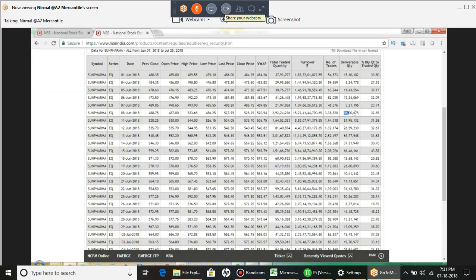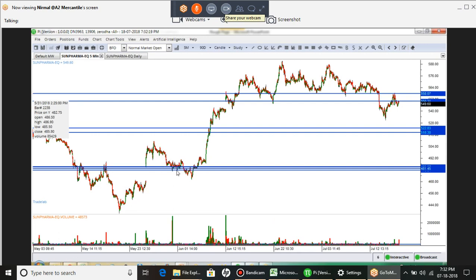Okay, so point number one is the volume will first tell you what is going to happen. Volume will be your indicator. Okay, is this clear? The volume breakout will happen first. The price breakout will happen after that. Do you see here?